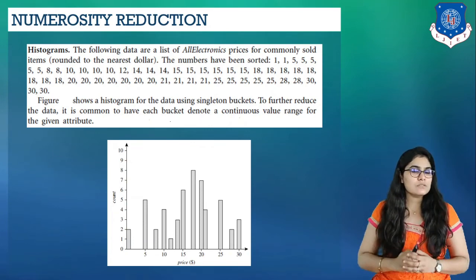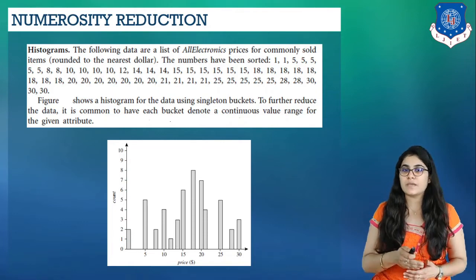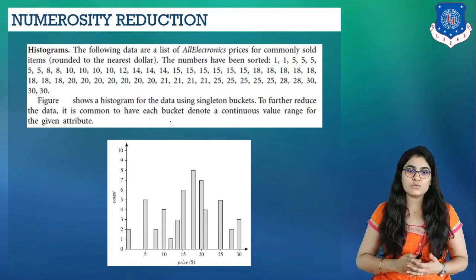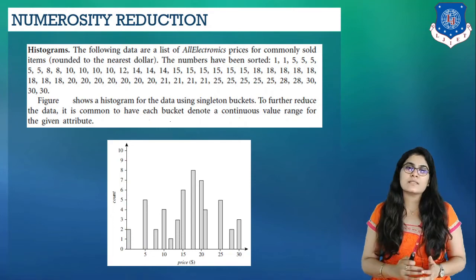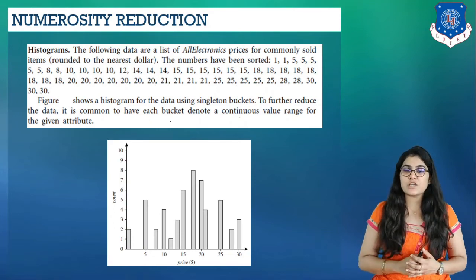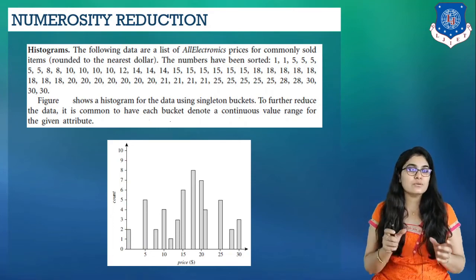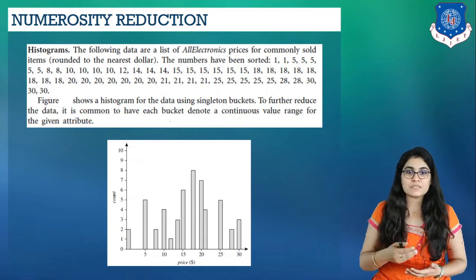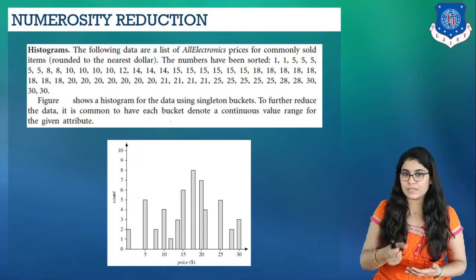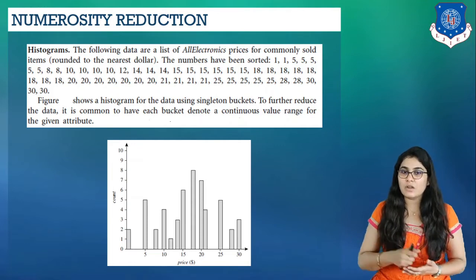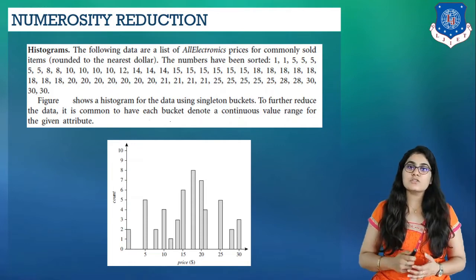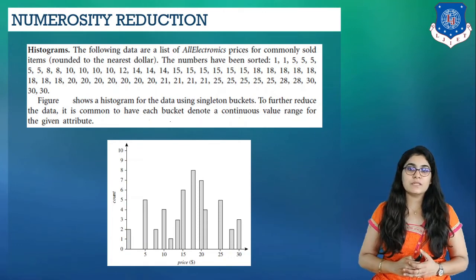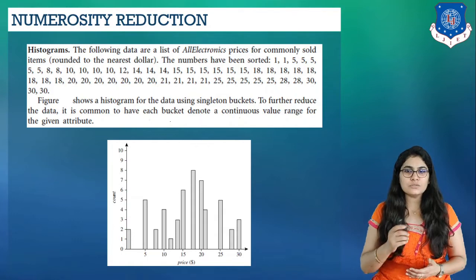To further reduce the data, it is common to have each bucket denote a continuous value range for the given attribute. For example, instead of showing each item using a single bucket, we can group the items in an interval. Like for price, we can specify intervals like $5 to $10, $11 to $15, and so on. Histograms are highly effective at approximating both sparse and dense data, as well as highly skewed and uniform data.